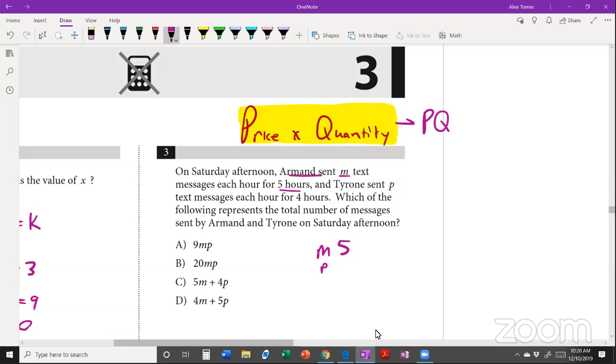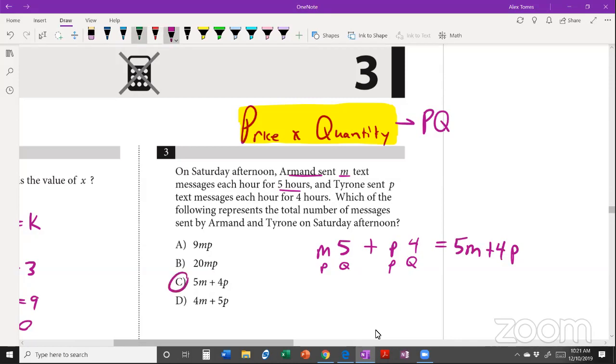So we'll consider that the price, and the number of hours is like the quantity. And then we have Tyrone, which is P text messages for 4 hours. So his price is P and his number of times is 4. So we have 5M plus 4P. And the answer to number 3 will be C.